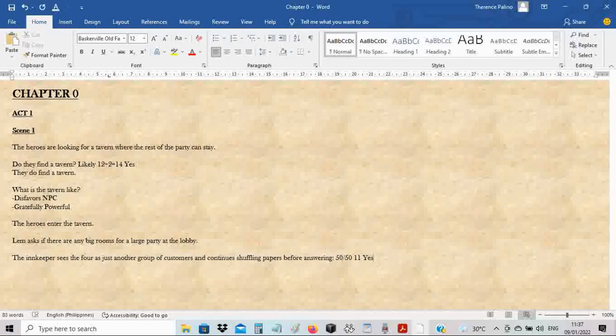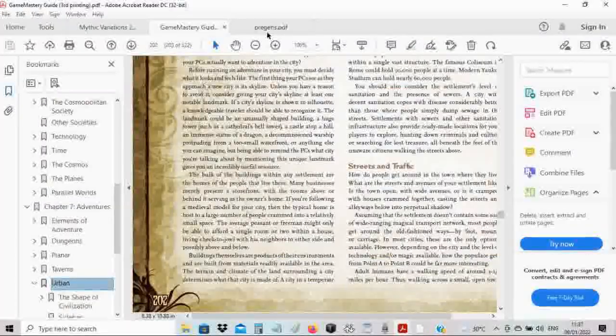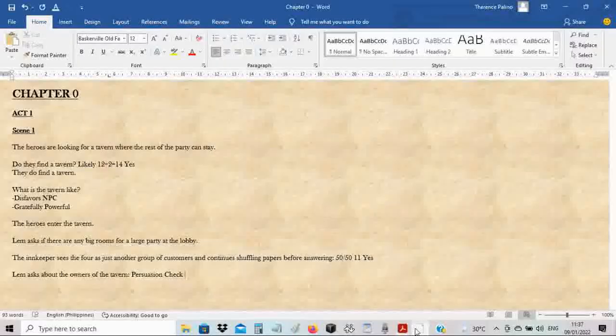Let's try and look at how it'll fit in with the Pathfinder mechanics. So, Lem asks about the owners of the tavern. So he makes a persuasion check. Okay, so the DC, I think it should be a little bit higher than 10.